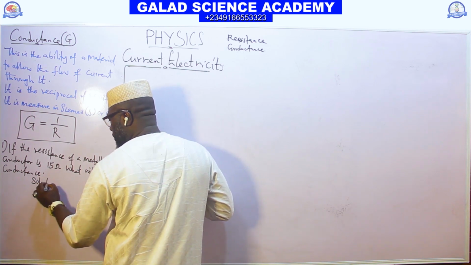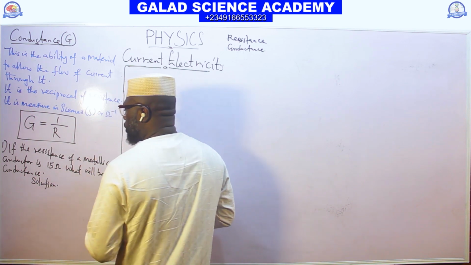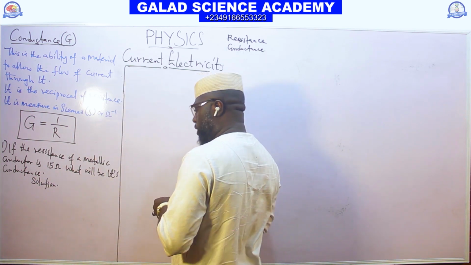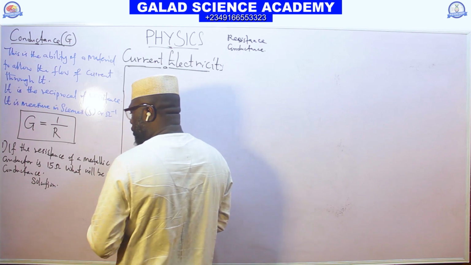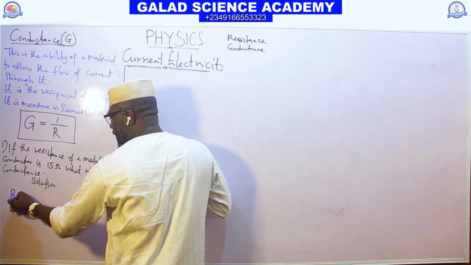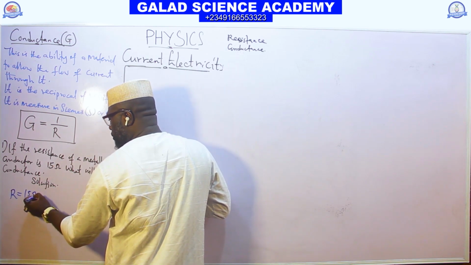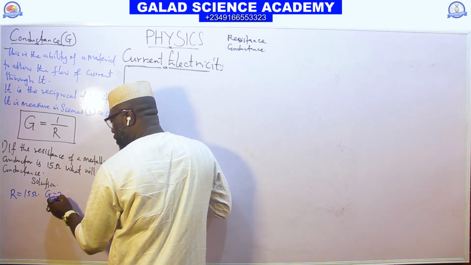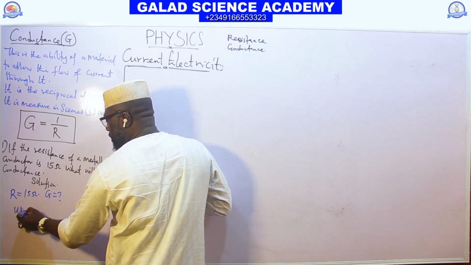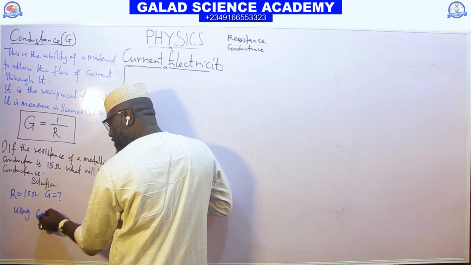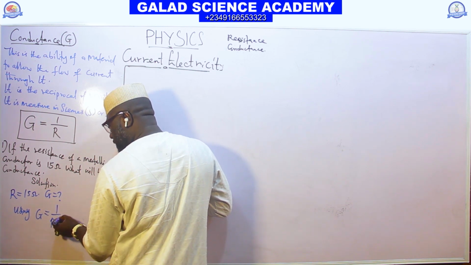Solution. You are given resistance as 15 ohms. Conductance is unknown. Using the formula, conductance G is 1 over resistance.